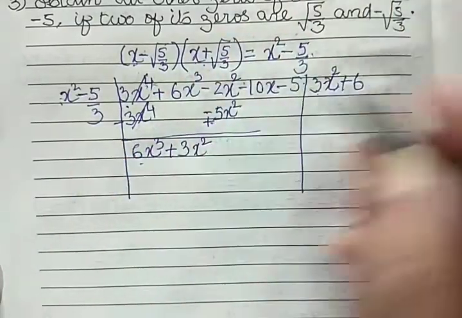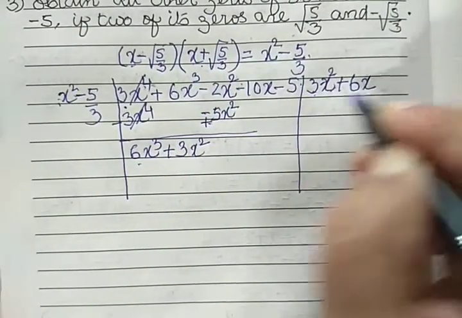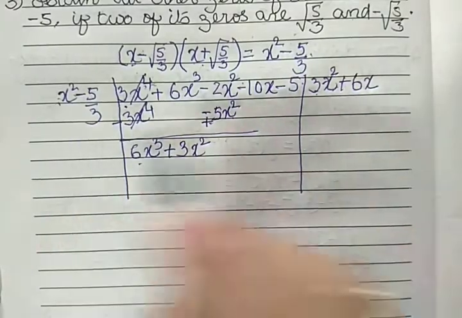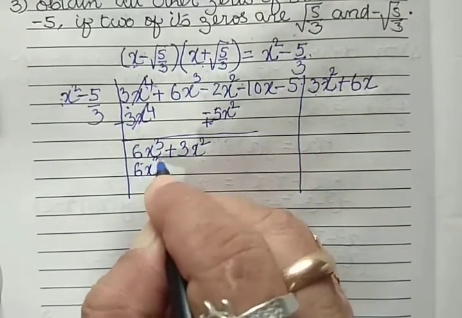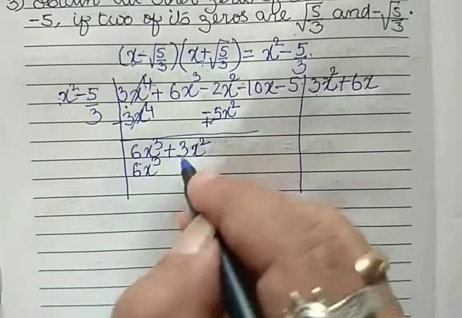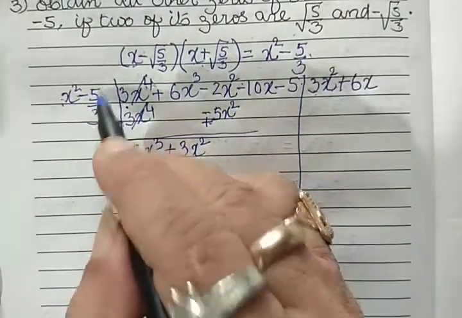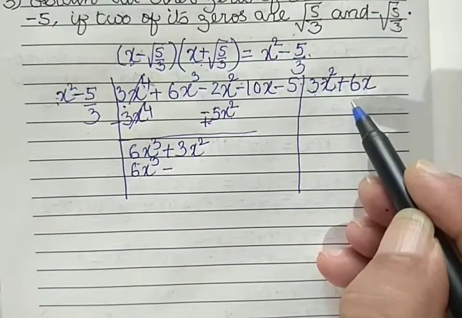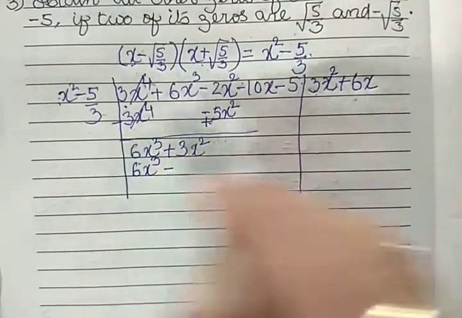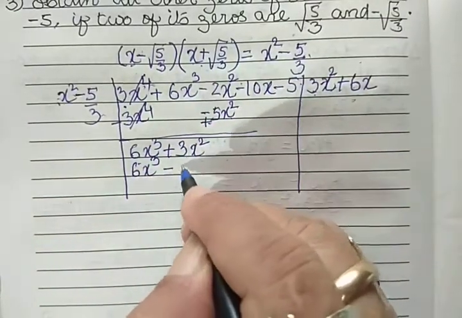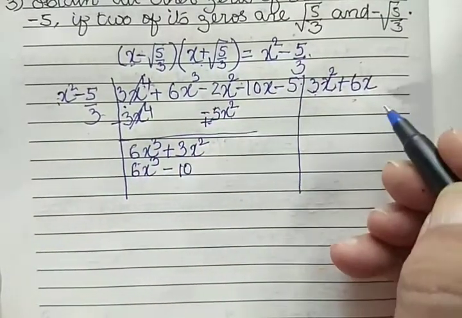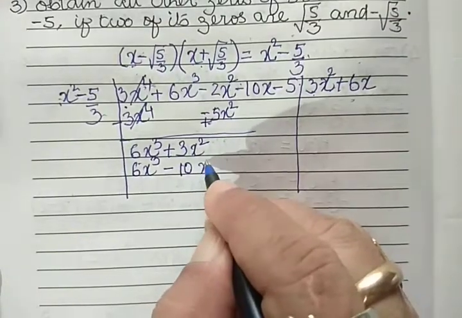x cube, x square. What is the difference of the powers? 1. So x. So now multiply by 6x. 6x into x square, 6x cube. Plus into minus, minus. 5 by 3 into 6, you get a 10, because 3 and 6 cancels 2 times. 10x. Clear?